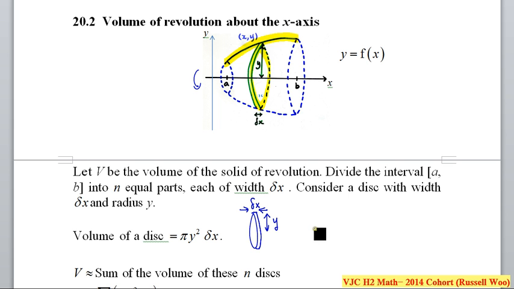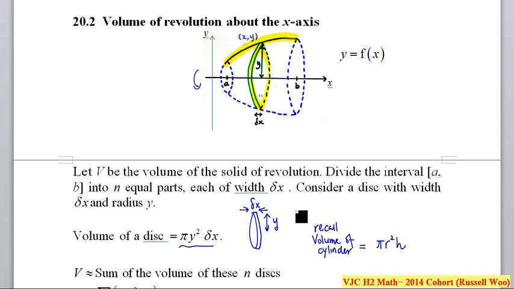So recall, the volume of a cylinder is equal to pi r squared h. So the volume of one single disc is pi y squared dx.